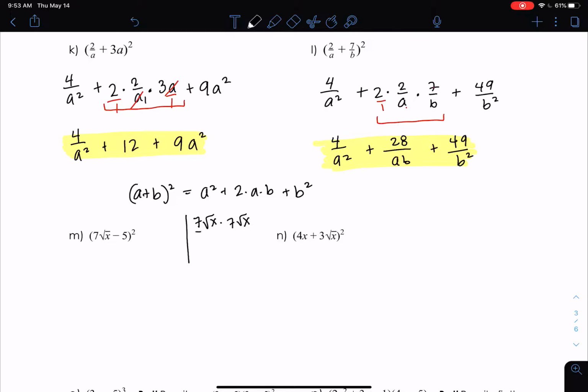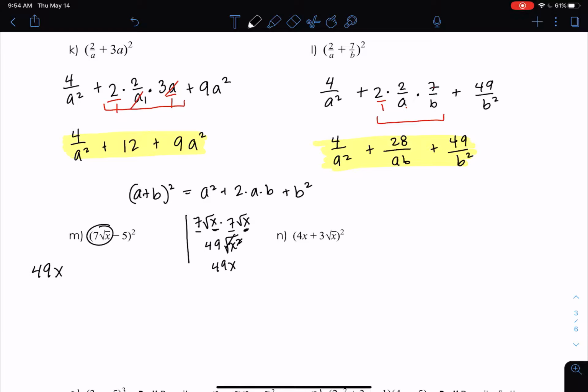The outside numbers always multiply together, so we get 49. And the inside numbers multiply together, giving me an x squared, but they stay inside the radical. Now notice that the square and the square root cancel, leaving us with 49x. So 7 root x times 7 root x is 49x.